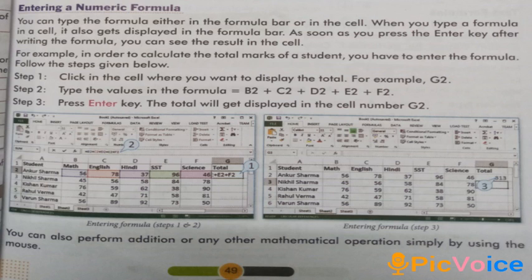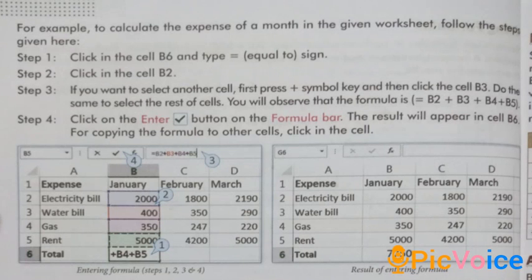You can also perform addition or any other mathematical operation simply by using the mouse. For example, to calculate the expense of a month in the given worksheet, follow the steps given here. Step 1. Click in cell B6 and type the equal to sign. Step 2. Click in cell B2. Step 3.